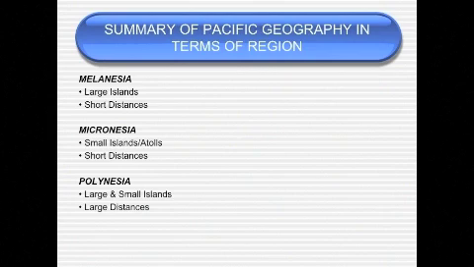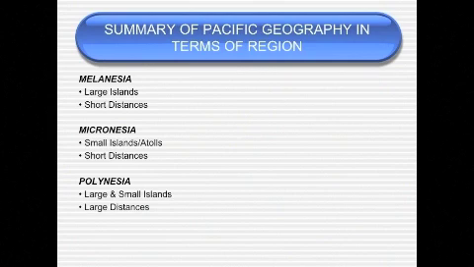So let's look at some distinctions in terms of our three regions that we mentioned earlier, Melanesia, Micronesia, and Polynesia, in terms of geography and distribution. These are just very general terms. Melanesia tends to have large islands and short distances between the islands.